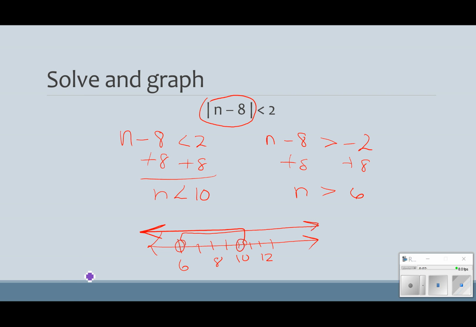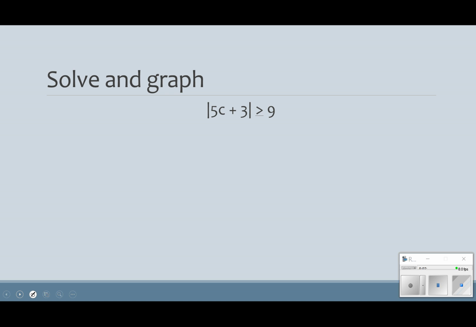So they overlap right in here. So our solution is going to be between 6 and 10, and not including those. If we were to write that as a compound inequality, it would be 6 is less than n, which is less than 10. So there's your graph where they overlap. Okay, let's look at the next example.